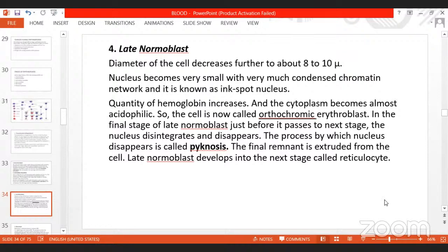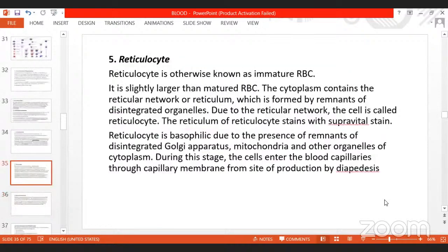And next, coming to the reticulocyte, it is known as an immature RBC. It is slightly larger than the mature RBC. The cytoplasm contains a reticular network or reticulum. That is the final remnants of the disintegrated organelles. Some small fiber-like structures will be there.